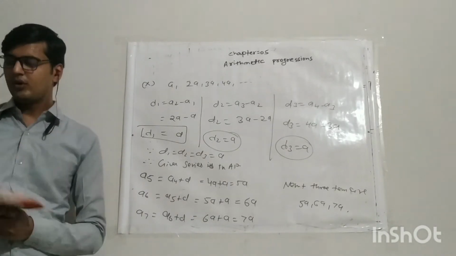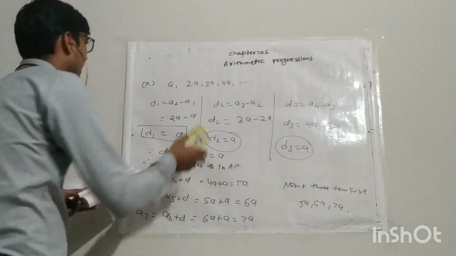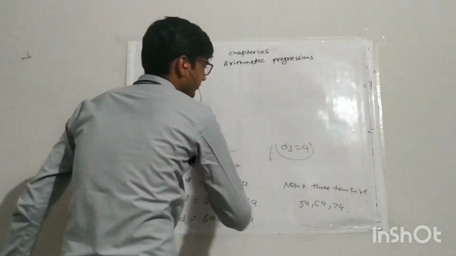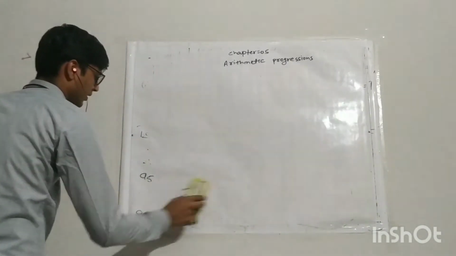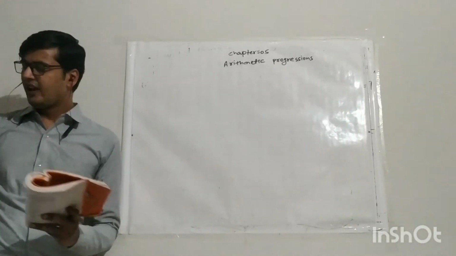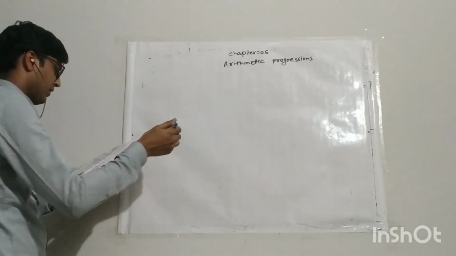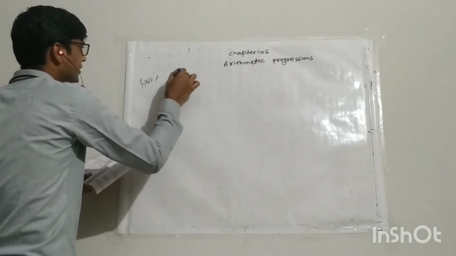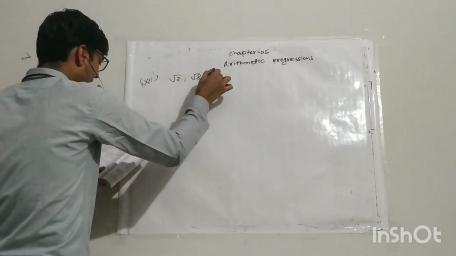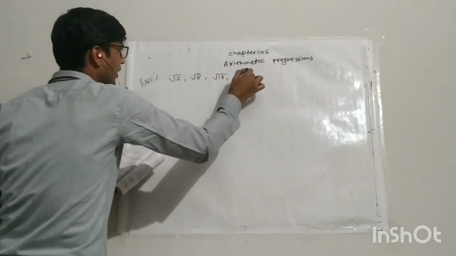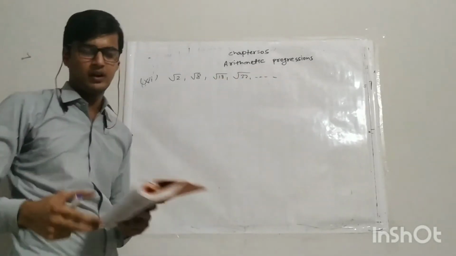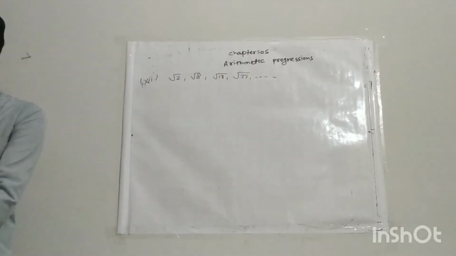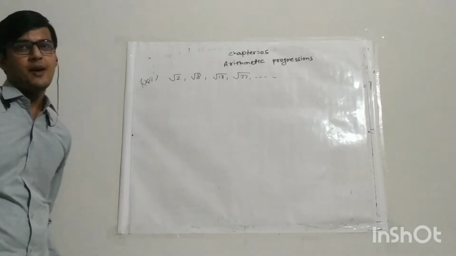Okay. Now I take another question. It is very important from the exam point of view. Now I take question 12. It is root 2, root 8, root 18, root 32 and so on. So first we check whether this series is AP or not.